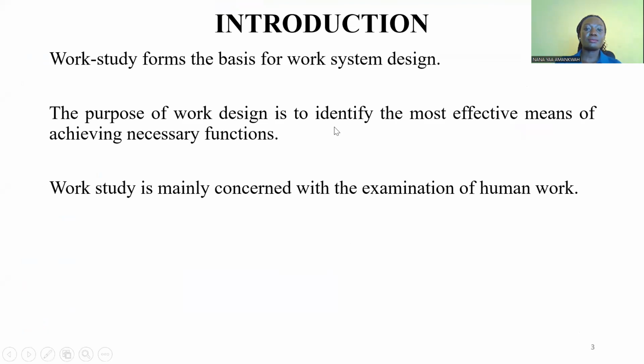Okay, so as we all know, work study is critical to the work of engineers, mechanical engineers especially. You would have to know at what point what work you're doing and at what point this work should be examined. So it's very important for us to be able to use work study.